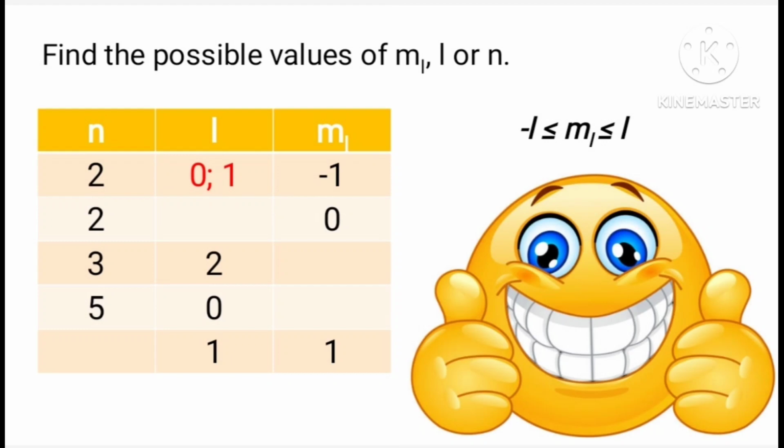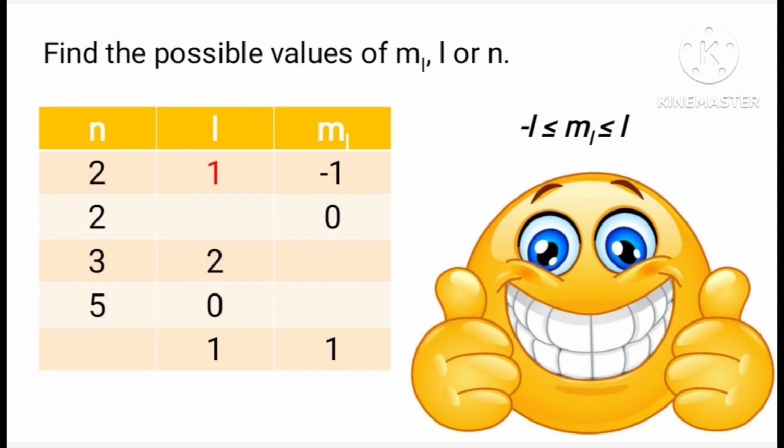We know that ML might have values from minus L to L. If L is 0, ML will be only 0, but we see our ML is minus 1. This means that L cannot be 0, it can be 1. If L is 1, ML from minus L to L will be from minus 1 to 1. In this case, ML might be minus 1, 0, or 1. So L value here will be 1.